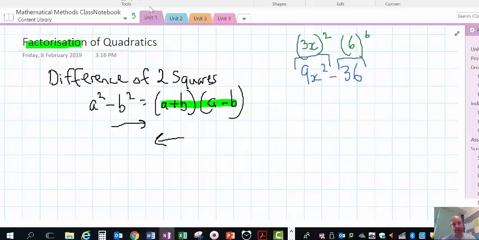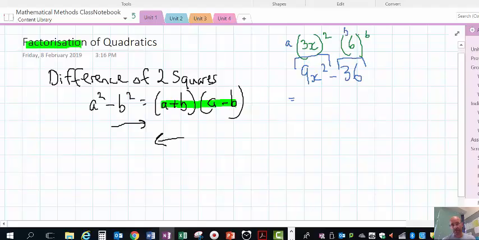So if we go and apply the pattern that we can see there on the left of the screen, 9x squared minus 36. So we've got a and b essentially, and we've got a plus b, which would be 3x plus 6 times 3x minus 6, and that's factorised.